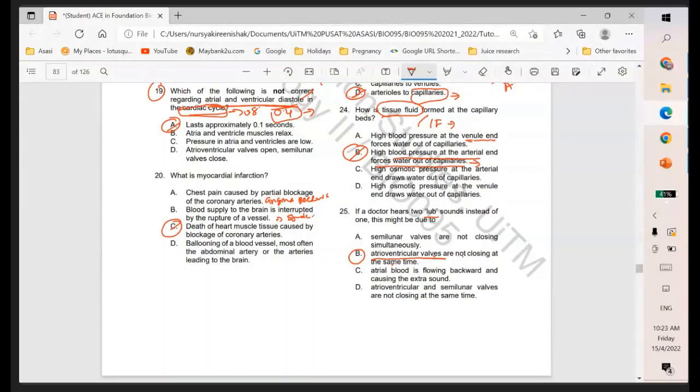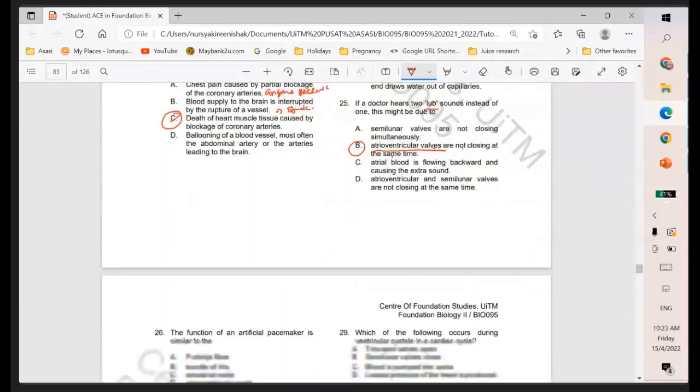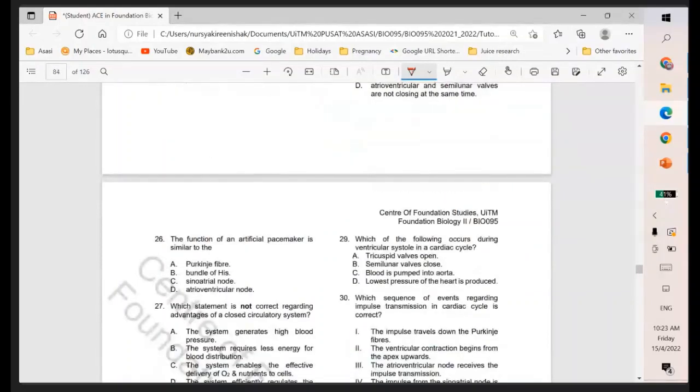So number 26, the function of an artificial pacemaker is similar to C, sinoatrial node, whose function is to set the rate and timing of cardiac muscle contraction. Okay, artificial pacemaker. Pacemaker is where the initial impulse of the cardiac muscle is generated.